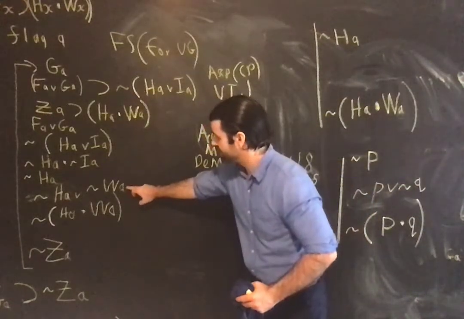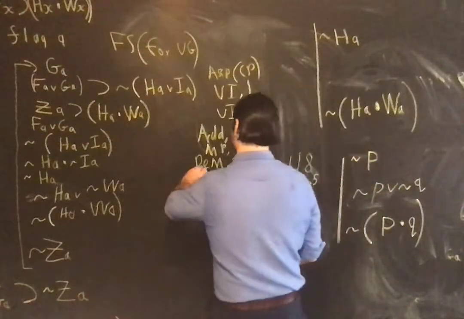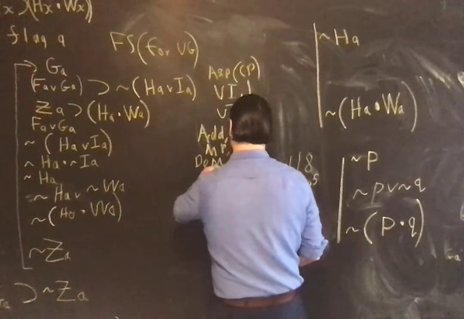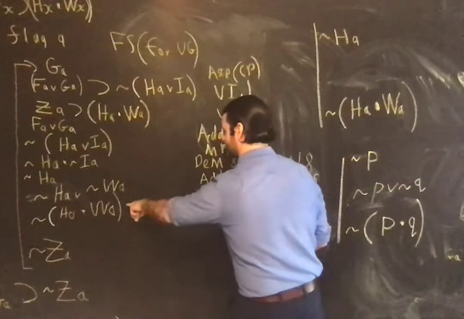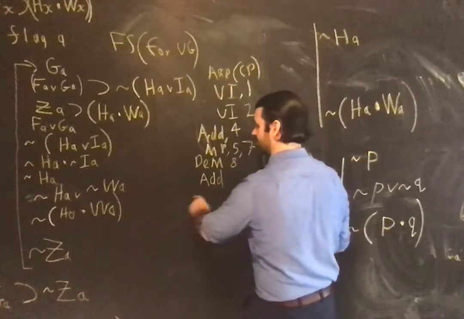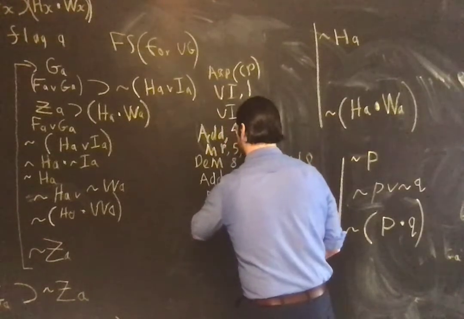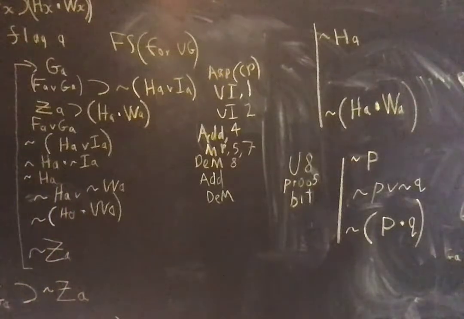That's that, and that's how you complete the proof. So it's addition, then De Morgan's, whatever number it is, 10, 11, 12, this is 13, 14, 15.